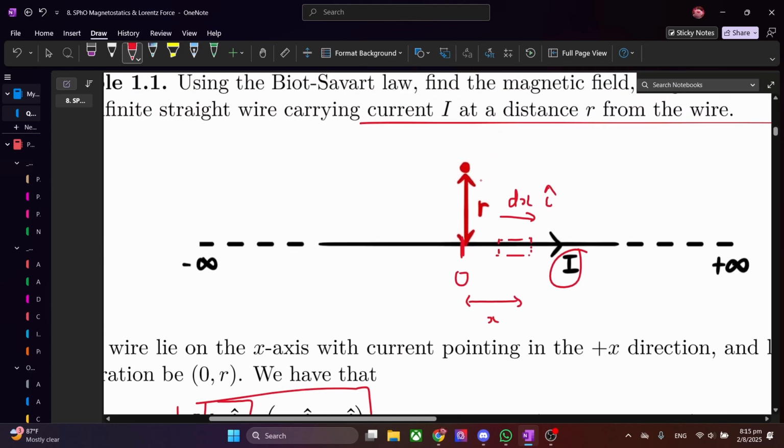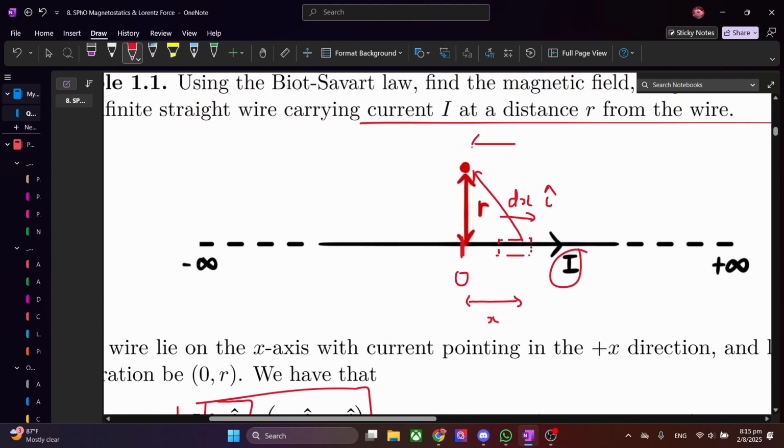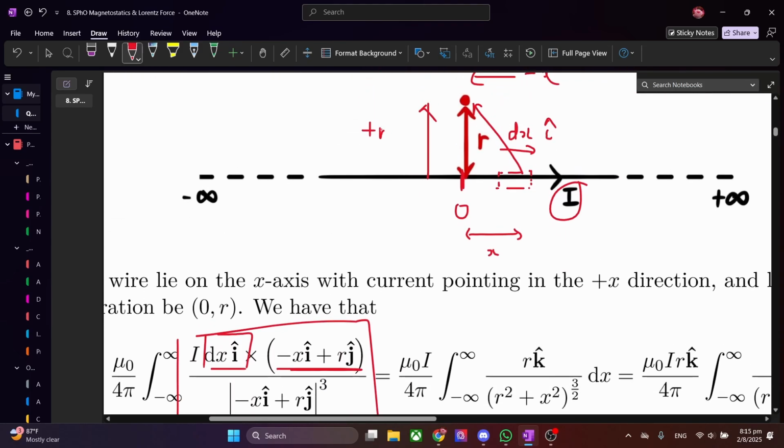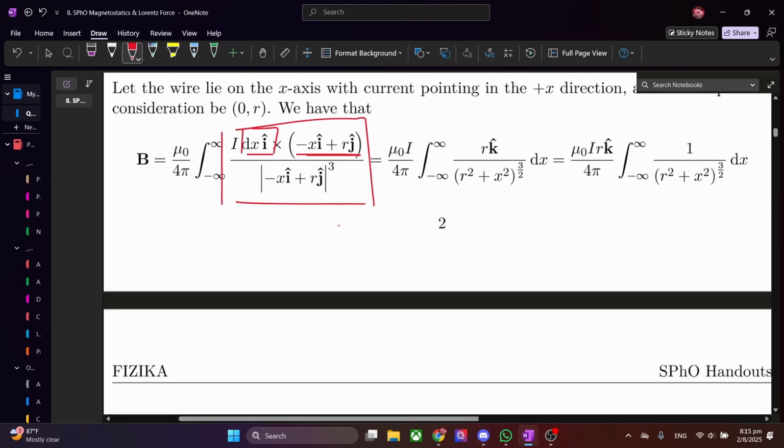And your r prime is going to be this vector here, which you should be able to see is this, because obviously the component in your x direction is minus x, and your component in this direction is plus r. So then that's this. Then you can work through the math. I'll let you do it yourself.